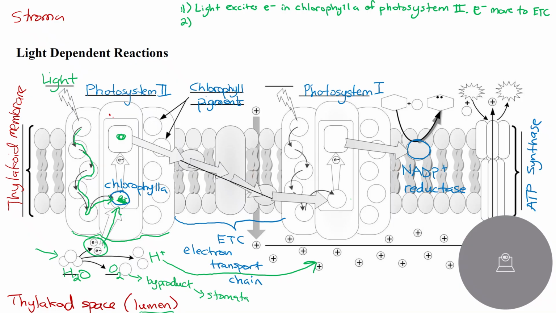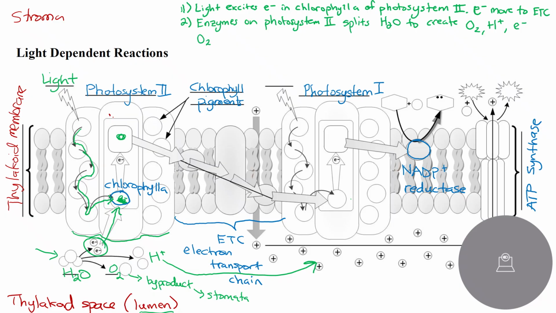Now, let's rewrite that. Let's talk about the enzymes. Enzymes on photosystem 2 split H2O to create O2, H plus, and electrons.